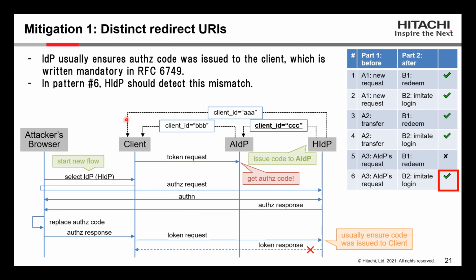I mean, HITACHI received an authorization code from the client at this timing, but this authorization code is one which HITACHI actually issued to AIDP, so HITACHI can detect this mismatch. So HITACHI doesn't send a token response to the client, and the attacker cannot log in as the victim user.